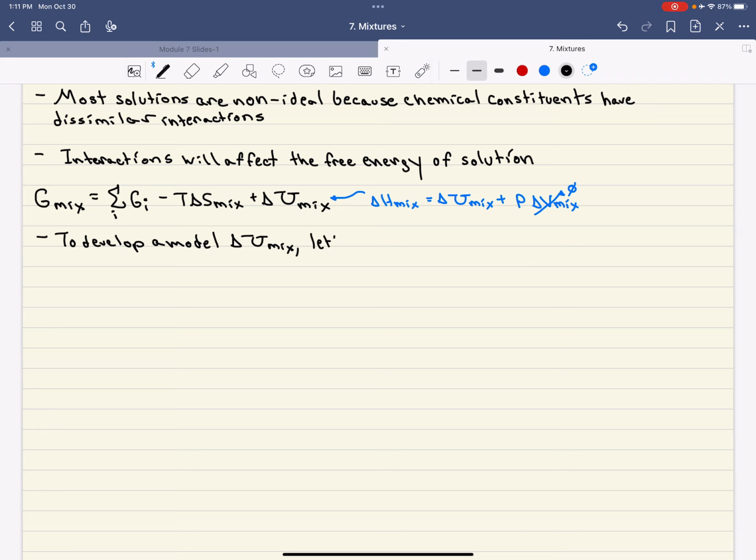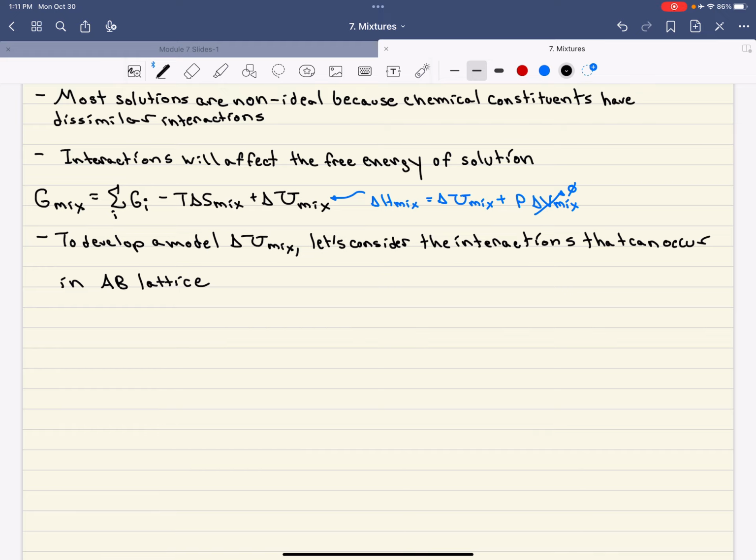And so to develop a model for delta U mix, we want to consider the interactions for a particular model system. And what we're going to consider are the interactions that can occur in an A-B mixture in a lattice.